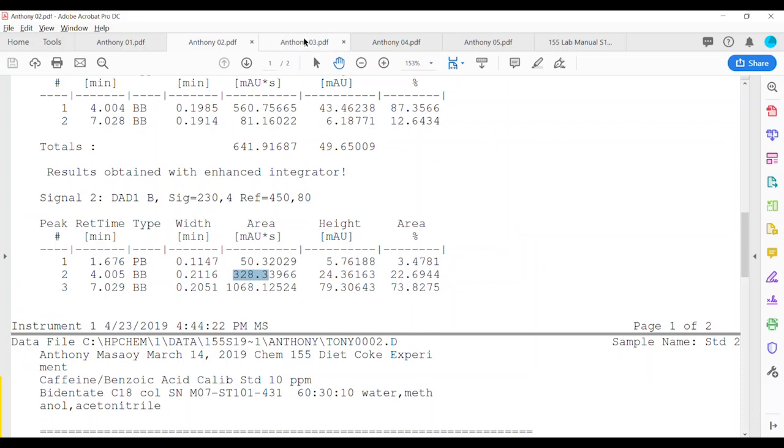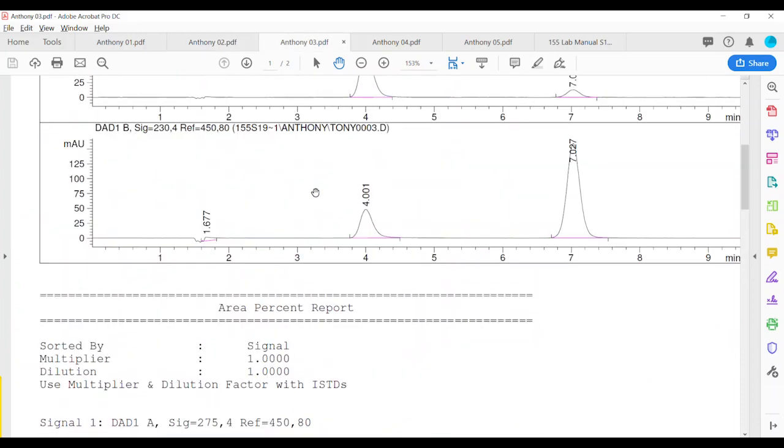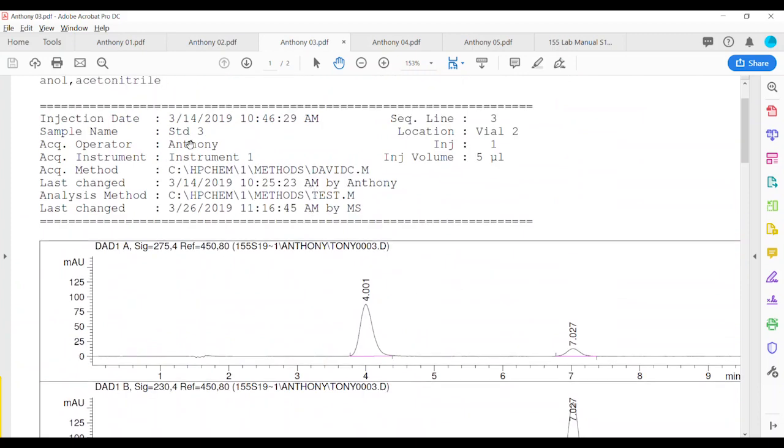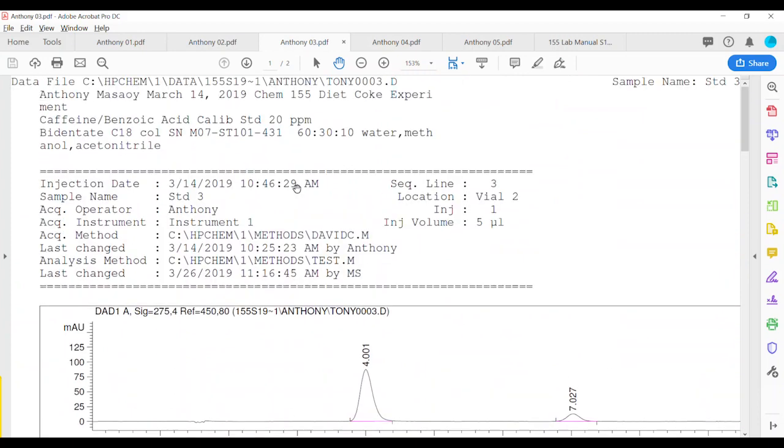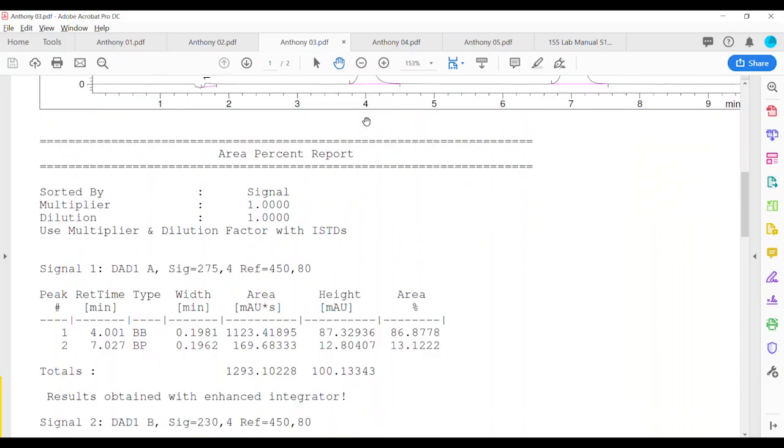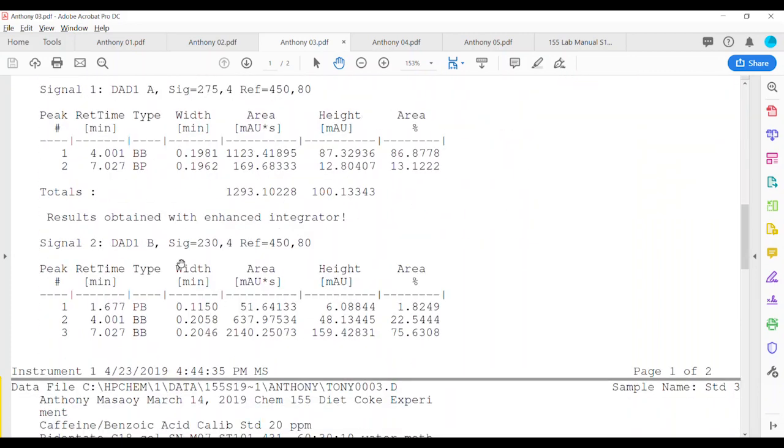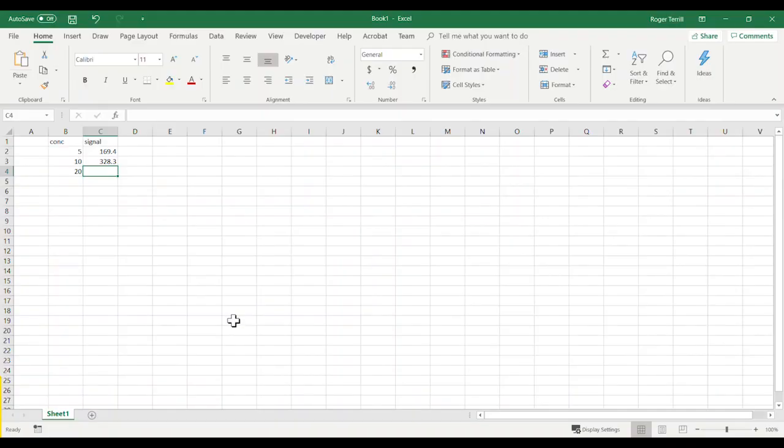And lastly, we're going to get the 20 parts per million data here. Again, this is Anthony, and the parts per million is indicated in the descriptor up in the top here. We go from 275 to 230, 4 minutes, and we get 637, basically 638.0 absorbance units right there, okay?